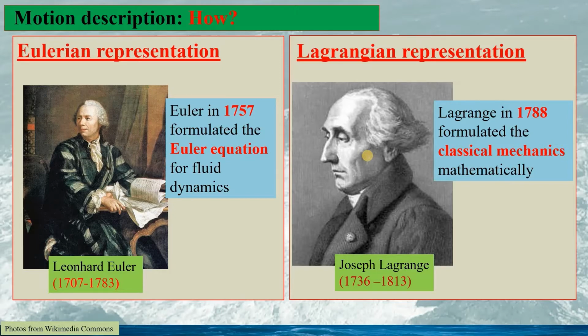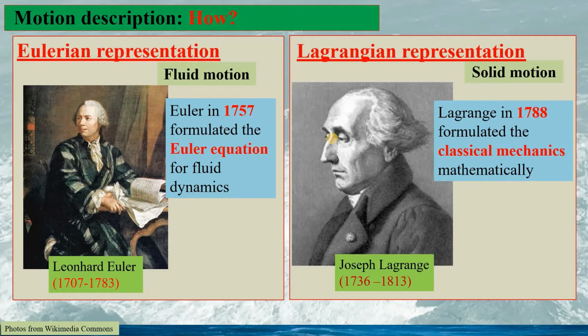Principally, these two motion descriptions are very different, and later on these two methods were named the Eulerian and the Lagrangian method, and these two methods were especially developed for fluid motion and solid motion respectively. This is still true today.